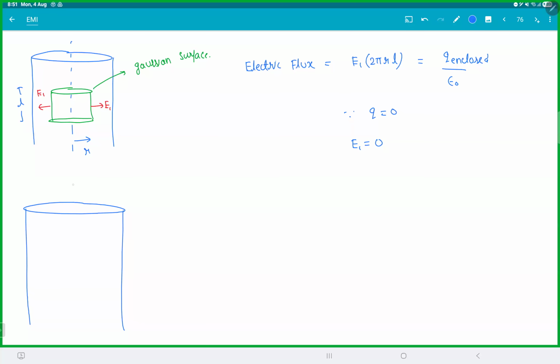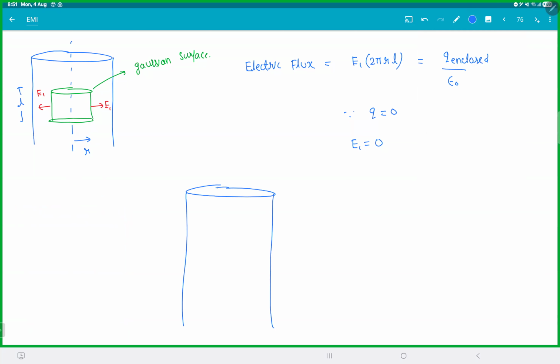When you take this infinity thing, remember this is an infinite cylinder. Now for infinity special, remember every point is a midpoint, because no matter where you stand, it looks infinite on all the sides.